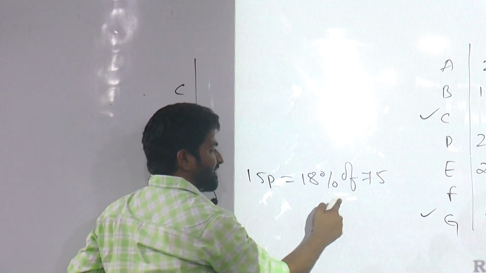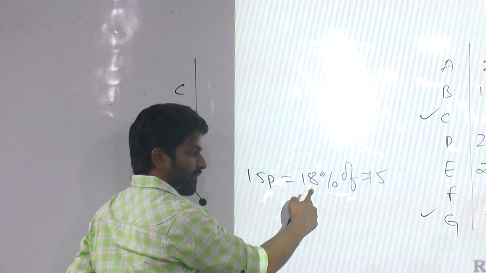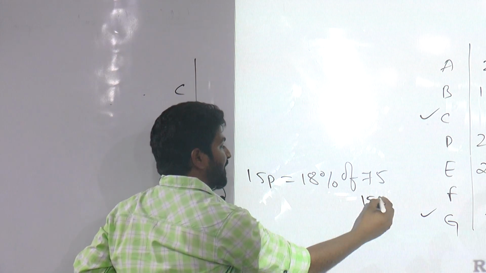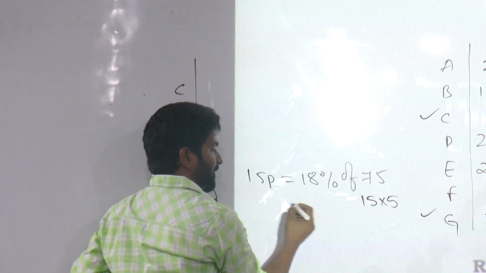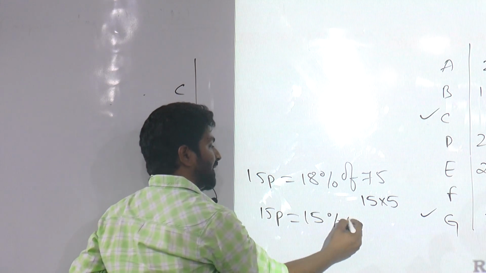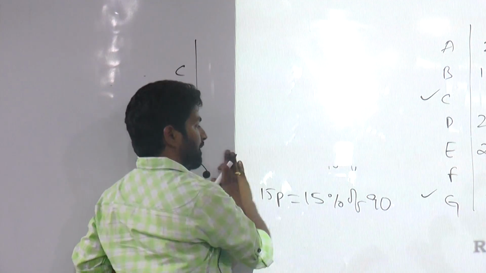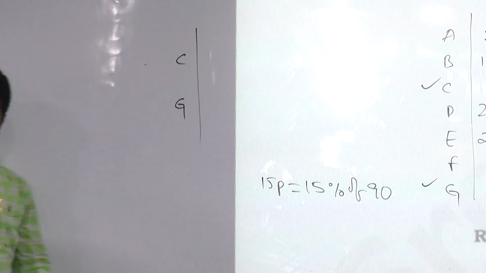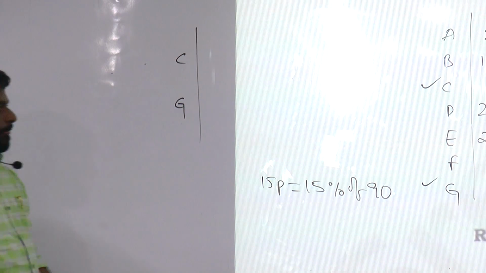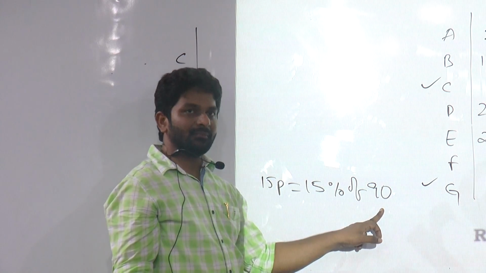Let me write this as 75% of 18. I can write this number as 15 into 5. So 15 parts will be equal to 15% of 18 fives, 90. 15 parts is equal to 15% of 90. 8 parts will be equal to 8% of 90.